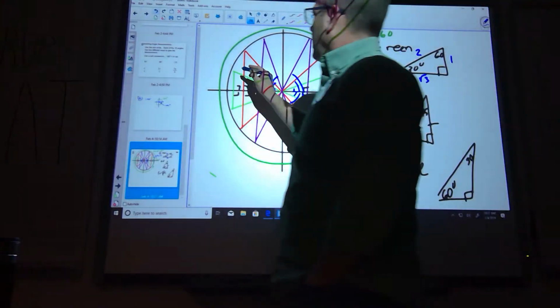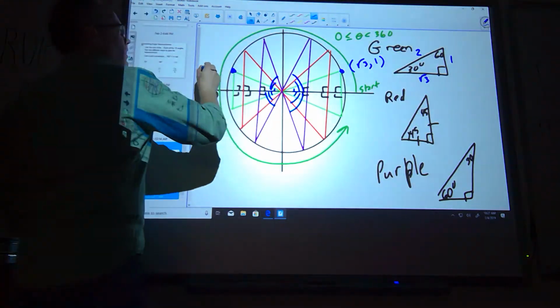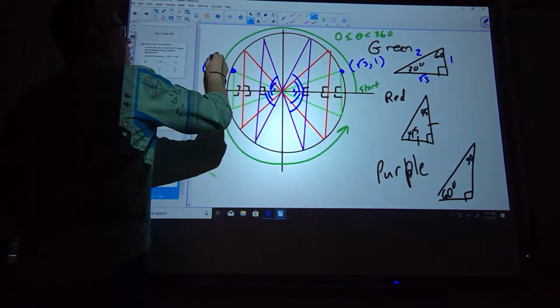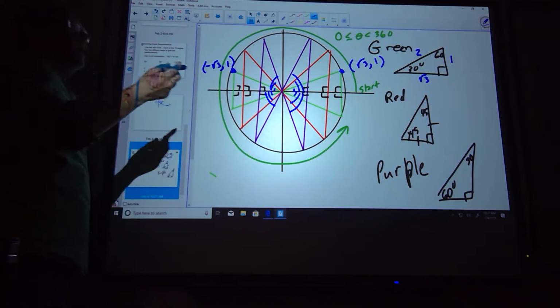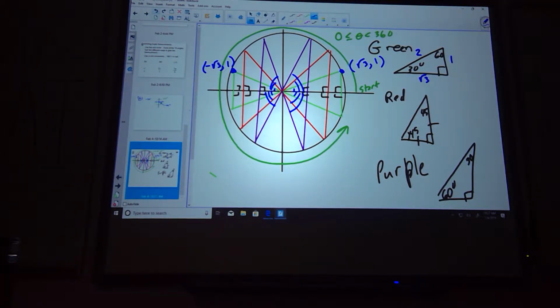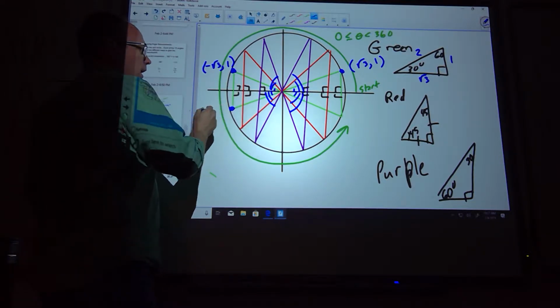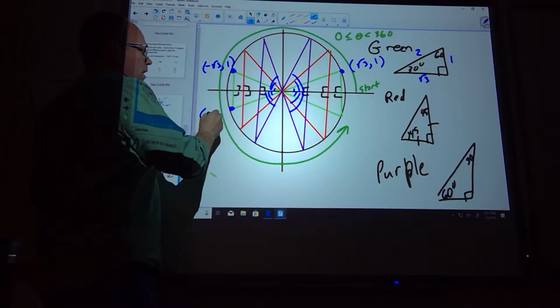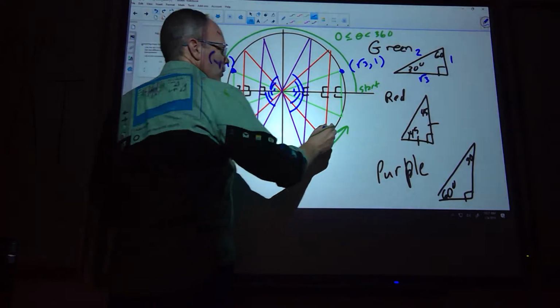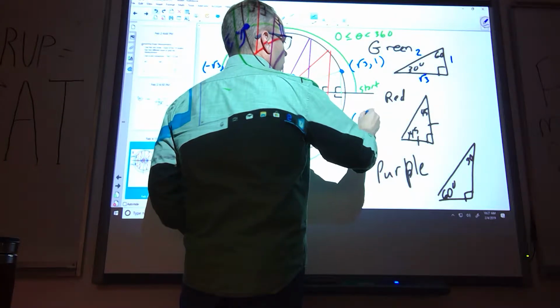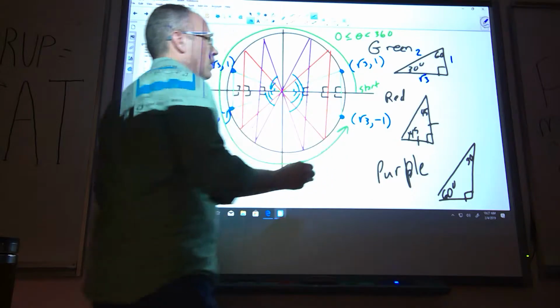And if I came over here, it's still a 30-degree angle, but I'm going to use negative root 3 comma 1. Why is it negative? Well, I went to quadrant 2. And then both of them are negative, so I get negative root 3, negative 1. And this one down here, I have root 3, negative 1.